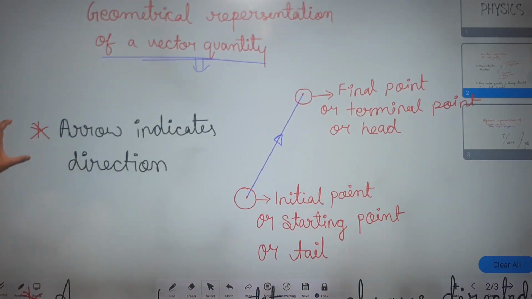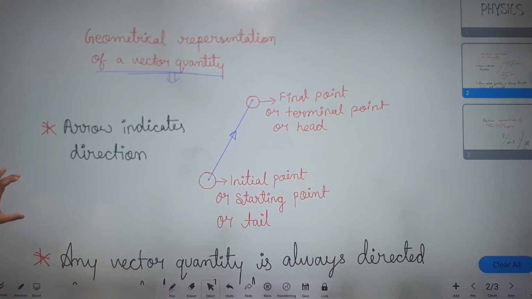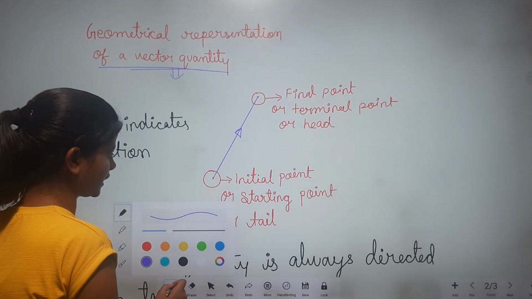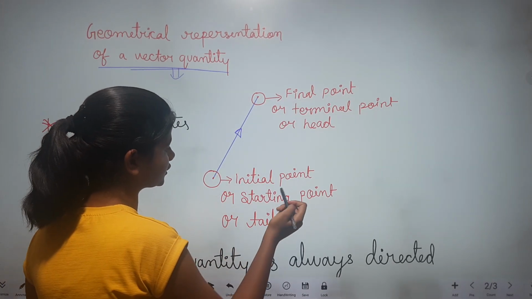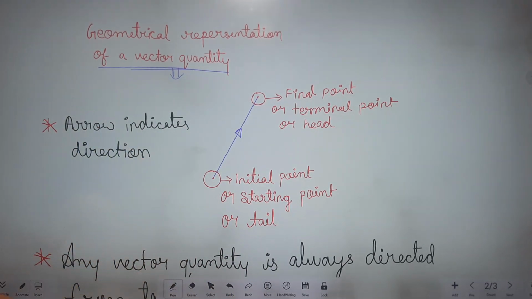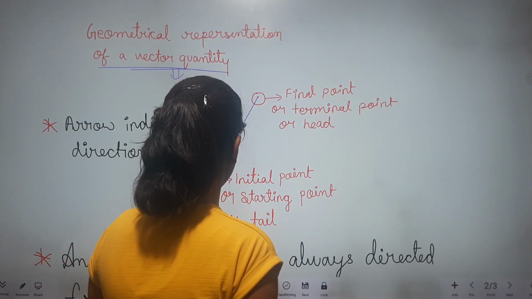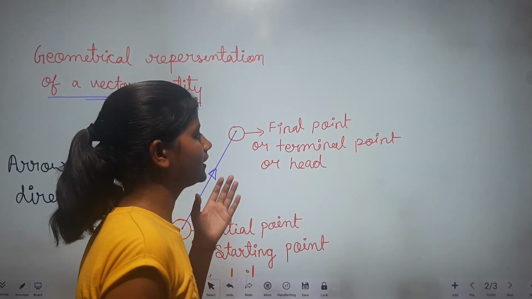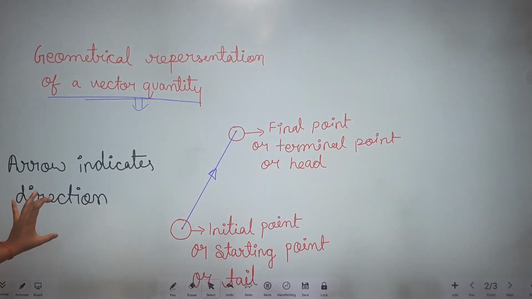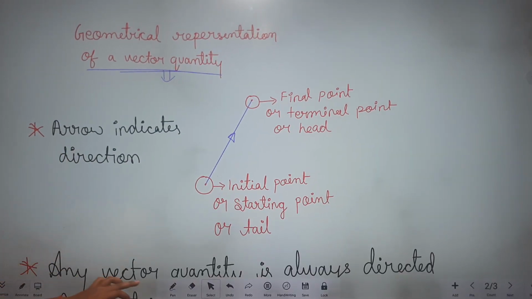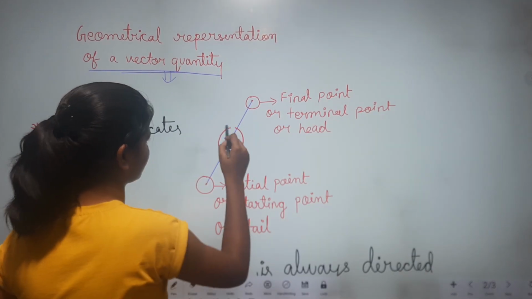The point from where we start our line is known as our initial point, or you can say starting point or tail. Okay, and where the point ends, this point is known as our final point, or we can say terminal point or head. Okay, and this arrow indicates the direction of the line.